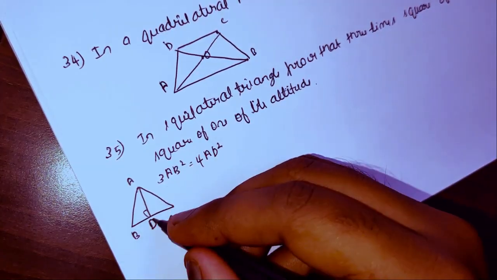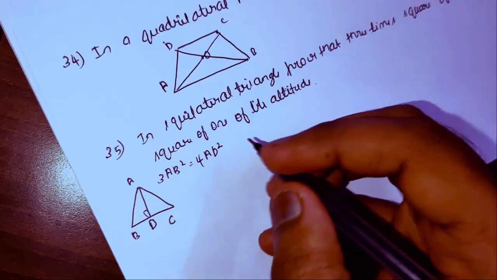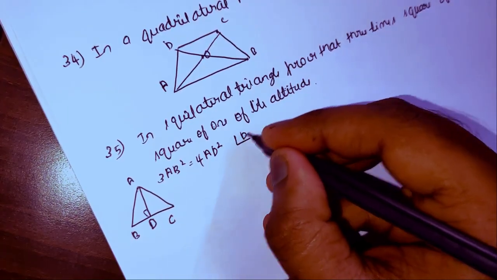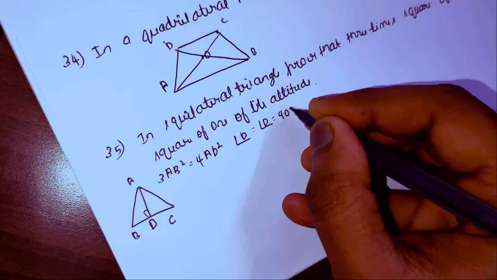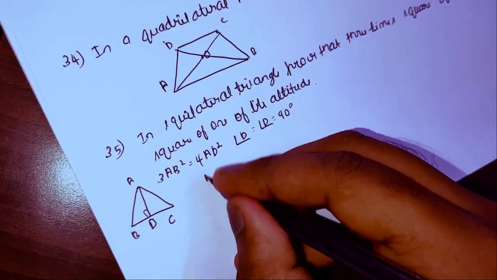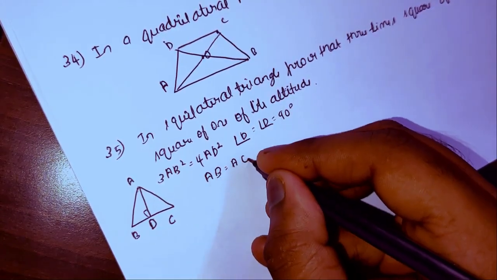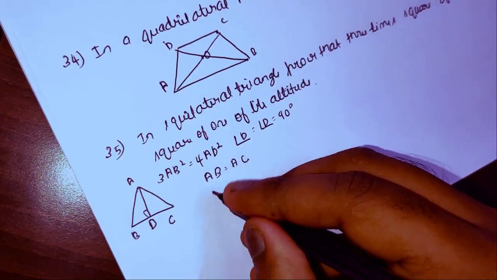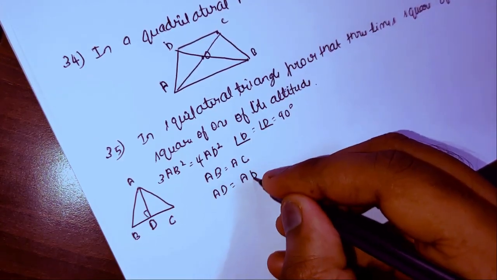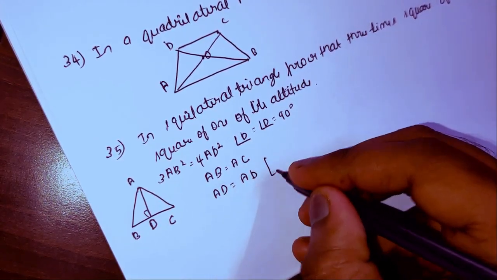In triangle ABD and triangle ADC, we know angle D is equal to angle D, that is equal to 90 degrees, which is given. AB is equal to AC, that is also given. AD is equal to AD, that is the common side.